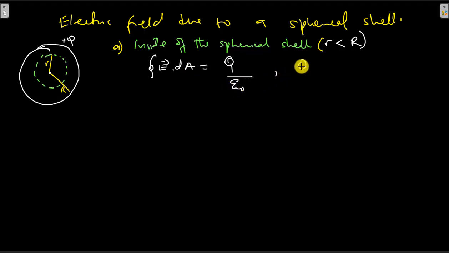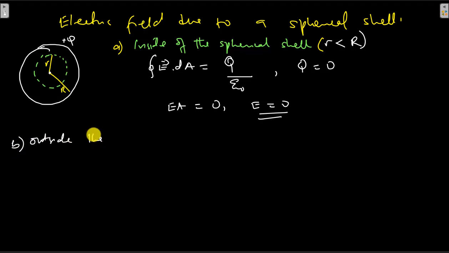But in this case, the charge inside the sphere is 0, so the electric flux E times A is going to be 0, and likewise the electric field inside the sphere is going to be 0. Let us look at the electric field outside the spherical shell.